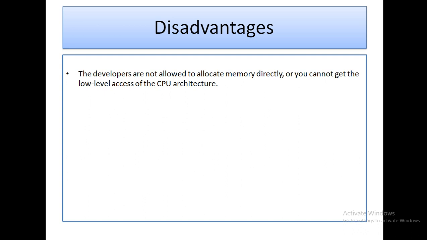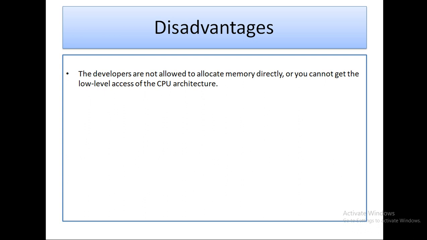And another thing is you cannot get low level access to the CPU architecture. Now what does CPU architecture mean here? Basically, to do memory allocation you have to access your CPU architecture. This is correct, because this type of programming you will only do when you are working with an embedded system, when you are working with the hardware directly.